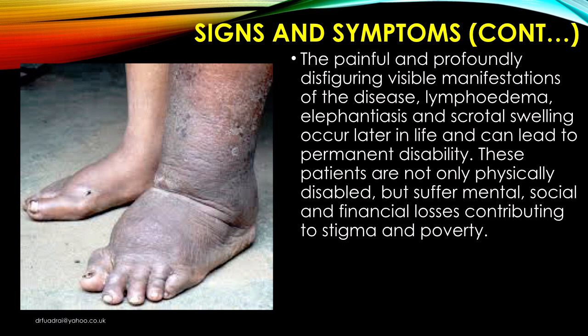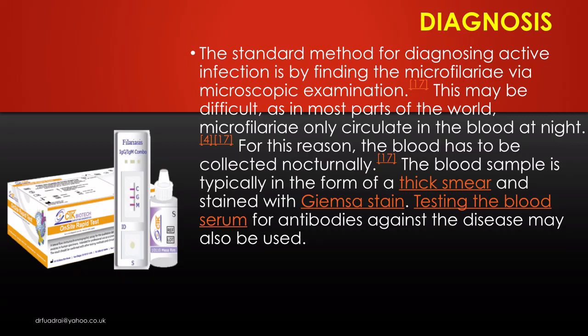So diagnosis is very important, and the standard method for diagnosing active infection is by finding the microfilaria via microscopic examination. Different methods of examination are used, like blood microscopy, then the DEC provocation test, the quantitative buffy coat examination, urine microscopy, microscopy of the hydrocele fluid and lymph node aspirate.